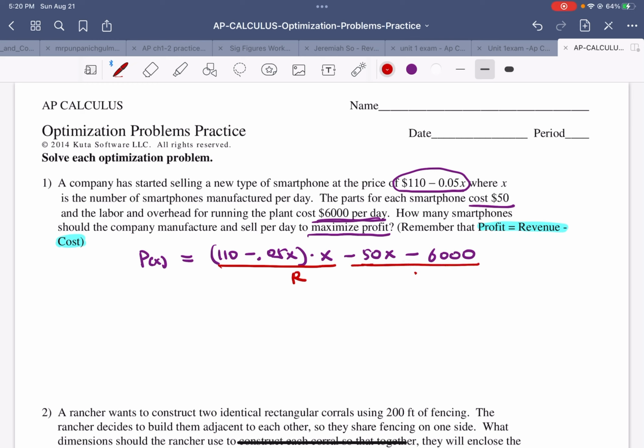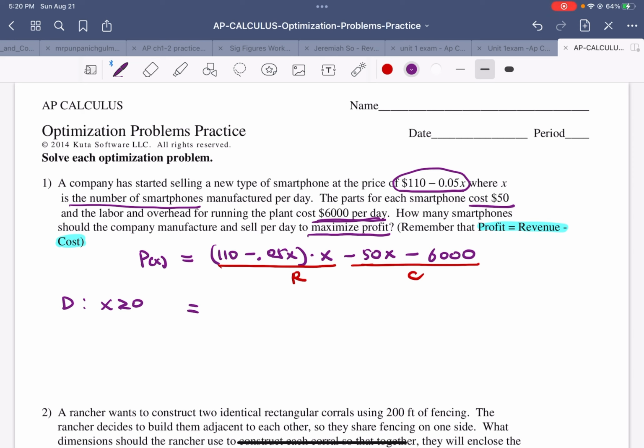Okay, then that's the profit. So let's talk about domain. Domain is for the x value. X is the number of smartphones, so of course it should be greater than or equal to 0. Okay, and let's simplify before you take a derivative.